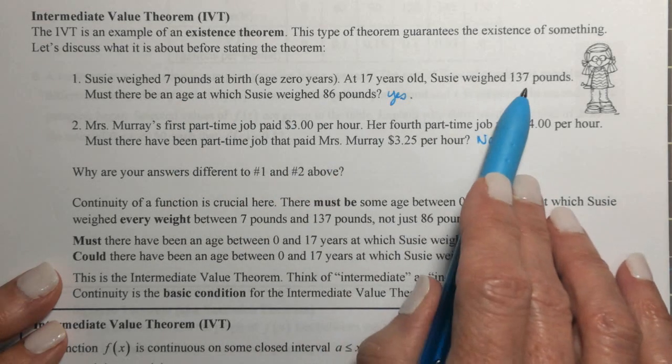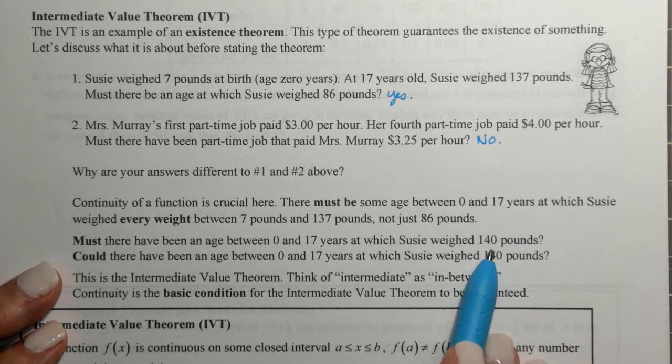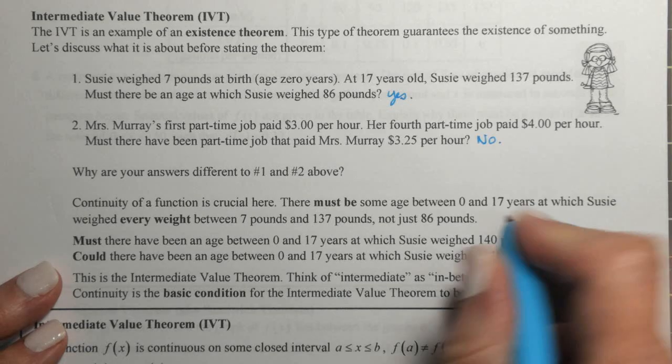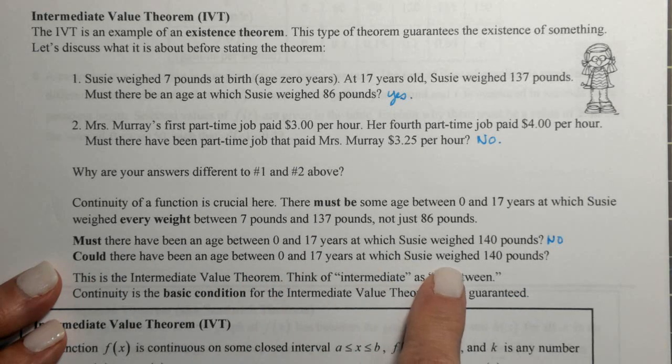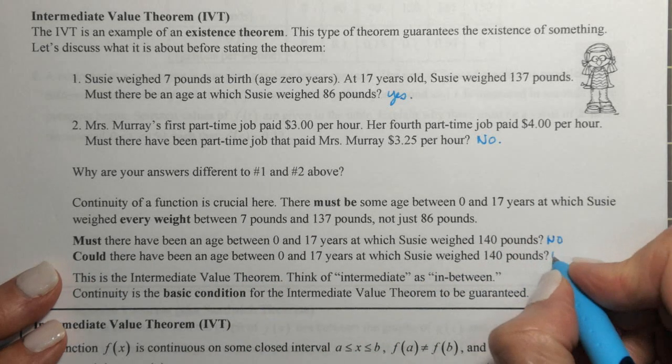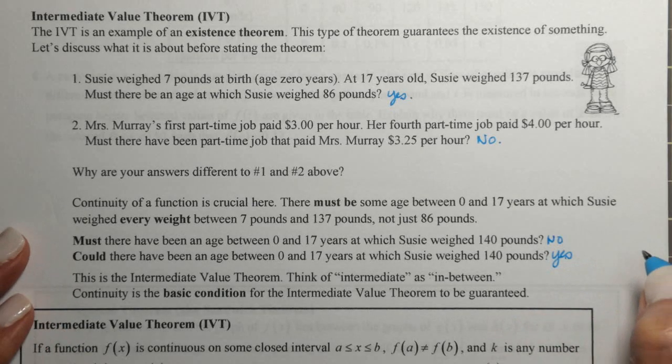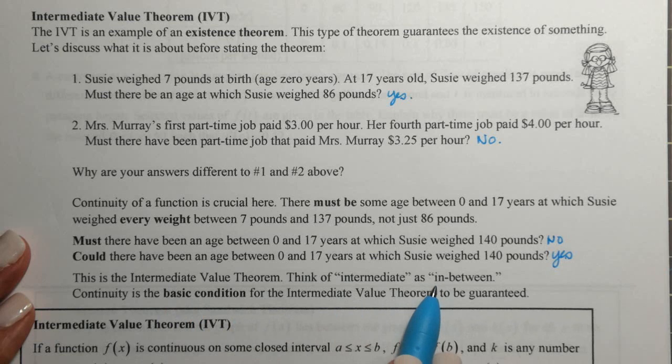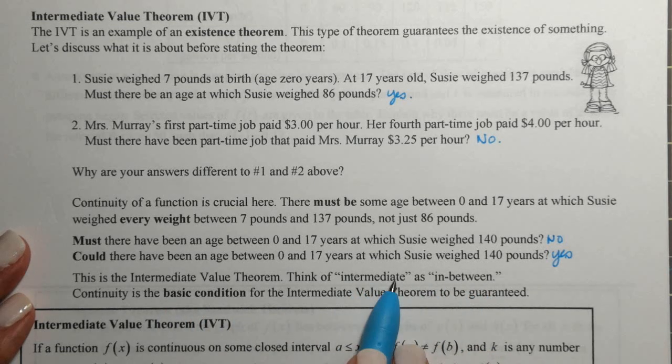From this information, no, not necessarily. Could there have been an age where she weighed 140 pounds? Yes. Okay. So the intermediate value theorem, IVT, is what I call the in-between or the intermediate in-between theorem.